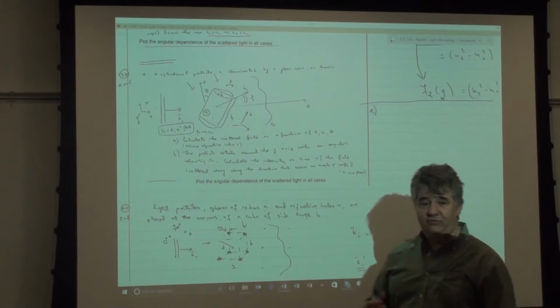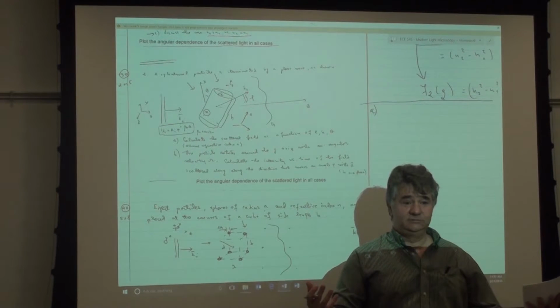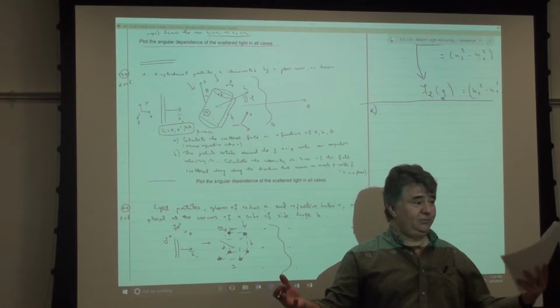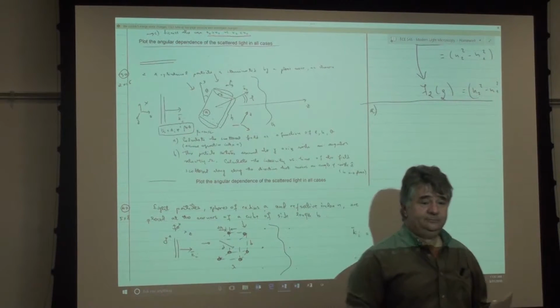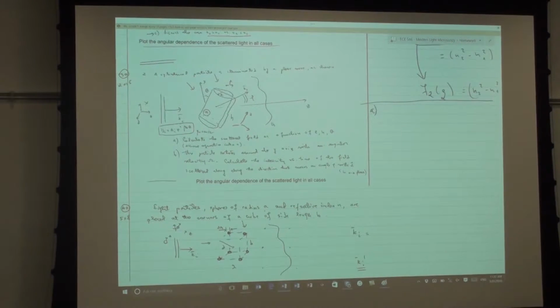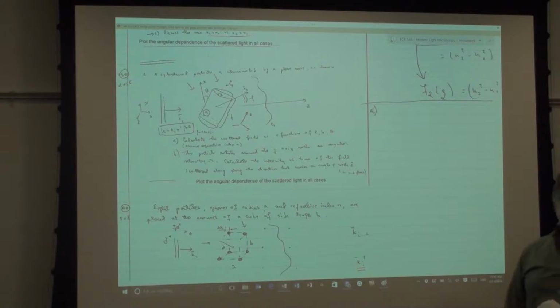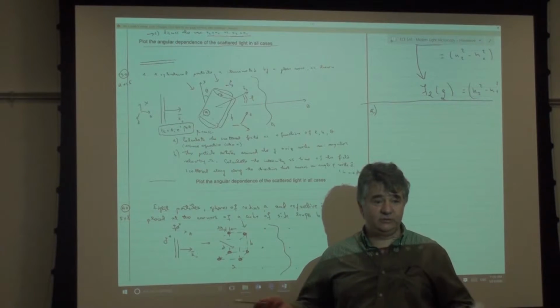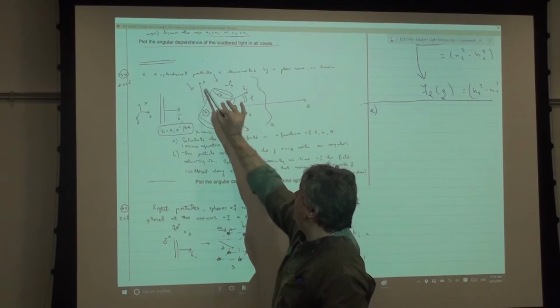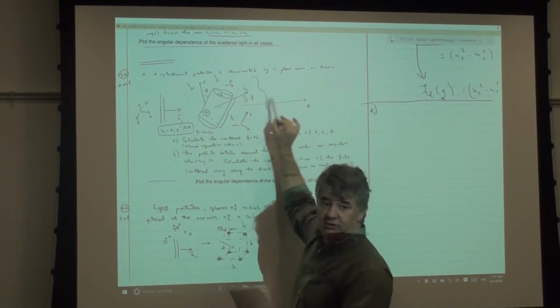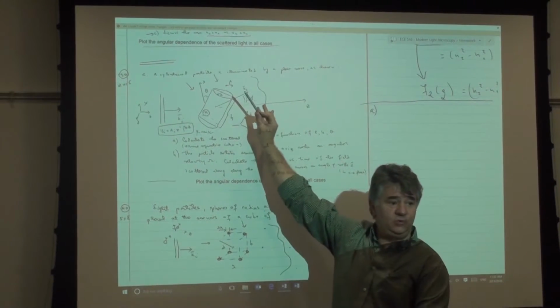You have to be careful, the formulas would look totally different. The people that rotate the cylinder and the people that rotate the incident field get different formulas. Why? How is that possible? They are expressing their fields in a different system of reference. The people who chose to rotate the cylinder are in my system of reference, the one that I drew here, so their Q will be expressed with that.